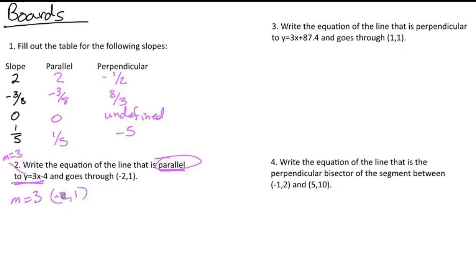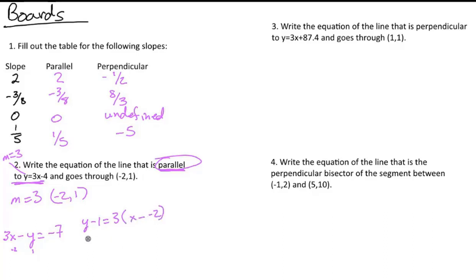So you have 3 ways to do this. You can do standard form, which is 3x minus y. Remember, opposite sign of 3/1, equals, stick -2 in there and stick 1 in there, and we get -6 minus 1 is -7. You could do y equals mx plus b, or point slope form, which is y minus 1 equals 3 times x minus a -2.